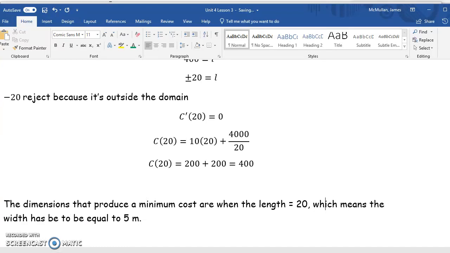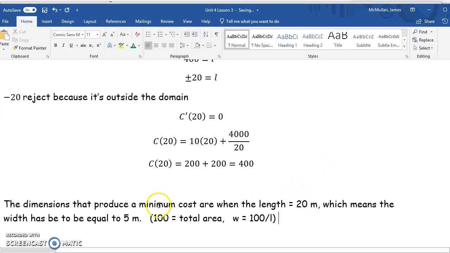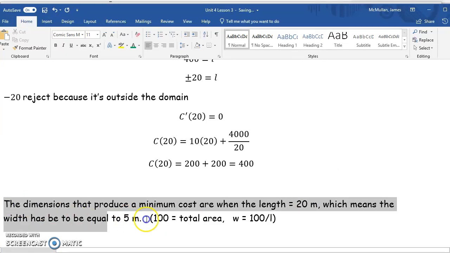Recall that the total area has to be 100, right? 100 equals total area, or another way of saying this is width equals 100 over length. So that's how I'm getting the 5 there. I'm just doing 100 divided by 20. So this tells you the dimensions, and that's what you were actually asked for.